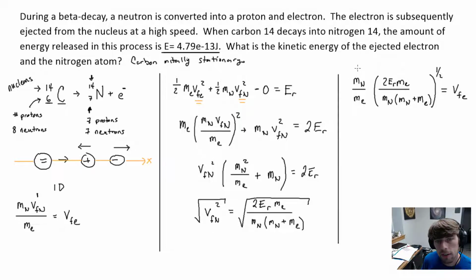And you see you have a mass of the nitrogen and a mass of the nitrogen. You have, excuse me, mass of the electron and mass of the electron. So you can do a little bit of cancellation.